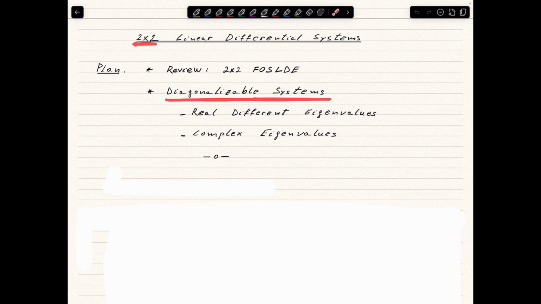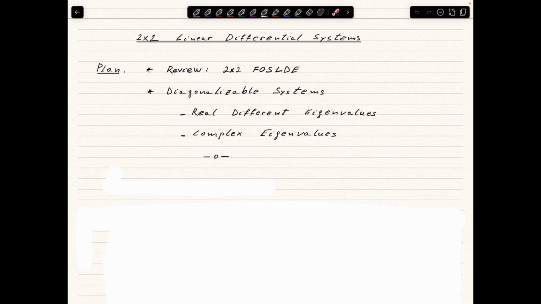Recall we are working with 2x2 systems, and we are going to find solutions for these systems in two cases: in the case that the matrix of coefficients has real and different eigenvalues, or it has complex eigenvalues. It doesn't matter which case, we are going to obtain solutions for 2x2 systems that have a diagonalizable matrix. So that's the plan for today.